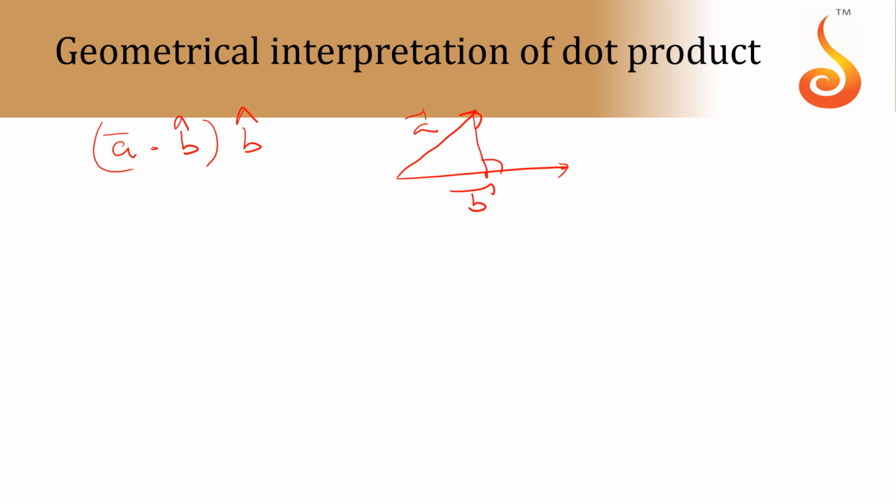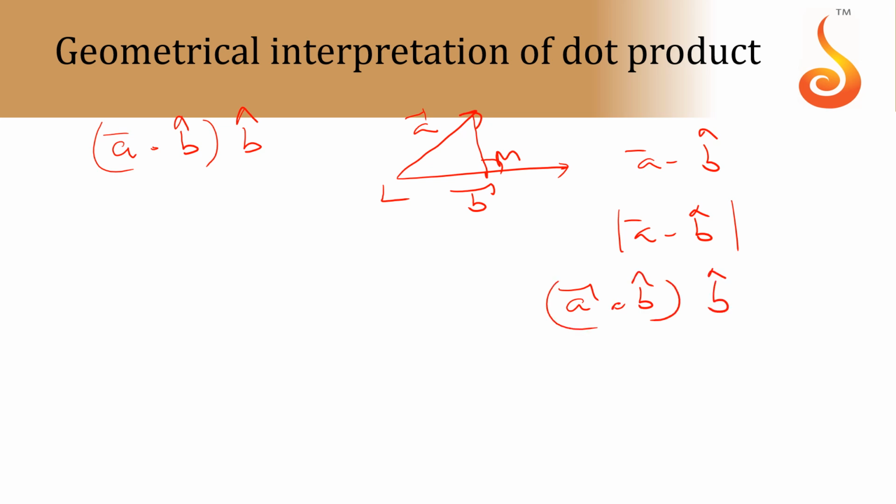If you draw a perpendicular, this LM is the projection. If you want just the projection, it can be positive or negative, it will be a bar dot b cap. If you want the length of projection, a bar dot b cap modulus. Then if you want the vector along it, a bar dot b cap into b cap.